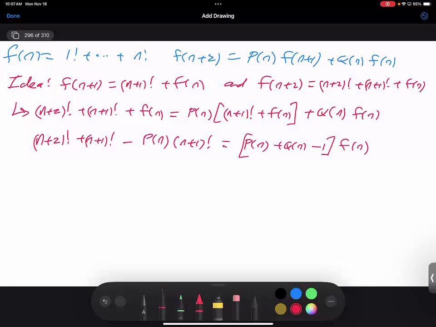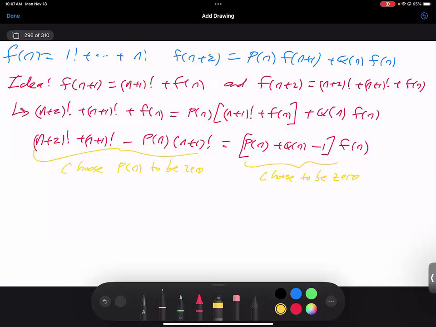The hope is to choose the left-hand side to be 0, and then choose Pn to be 0. And what's nice is Qn doesn't occur in the first part.